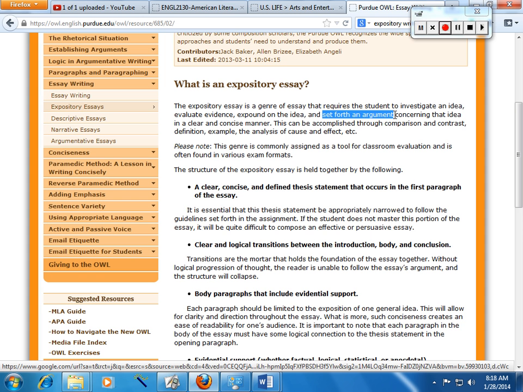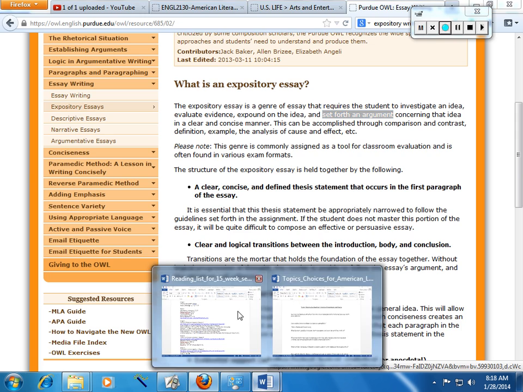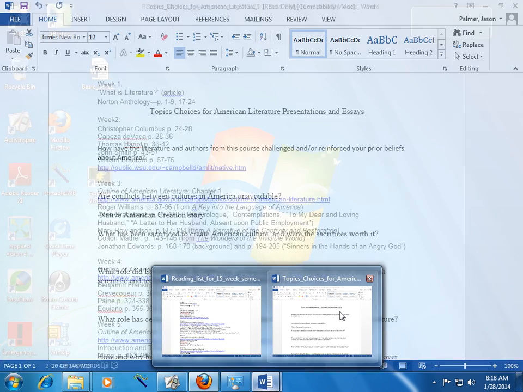It persuades the reader. If you have a thesis that's a subject and an opinion, well, guess what? Everybody has a right to an opinion, right? But you have to back it up if you want somebody to agree with your opinion. You have to make the argument. You have to give the evidence. Does that make sense? That's what you're doing when you write one of these essays. I think you only have to write 2 this semester.